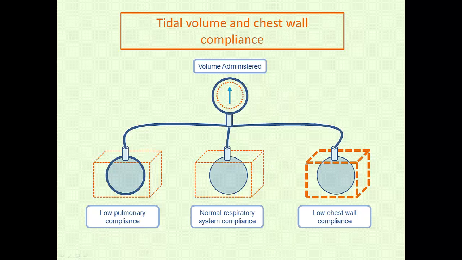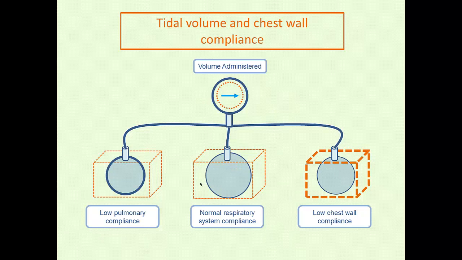So what you're going to do is you're going to give each of these systems the same volume, okay? So what's going to happen now that I've delivered the same volume to each of these? Well, what happens to the normal lung? It's going to increase, and so too is the thoracic box, and there will be an increase in the intrathoracic pressure. So the intrathoracic pressure you could sort of think as the pressure between the balloon and the box.